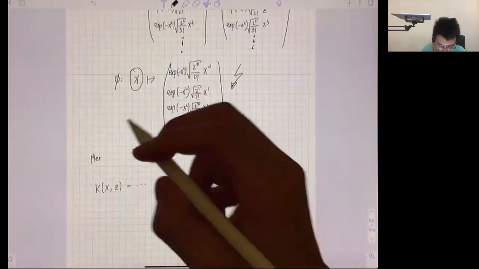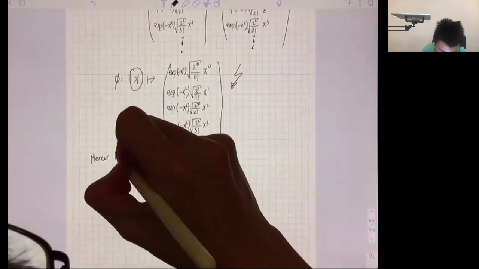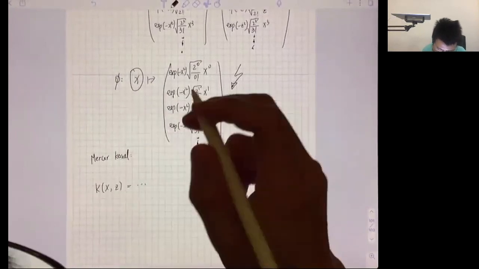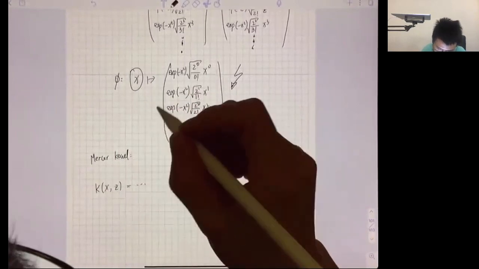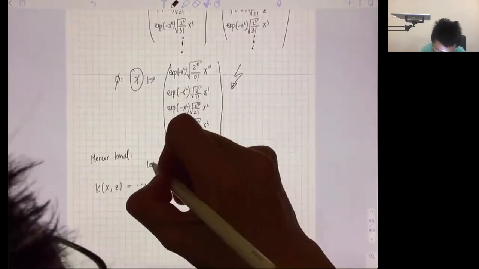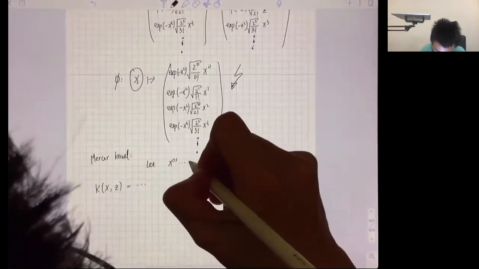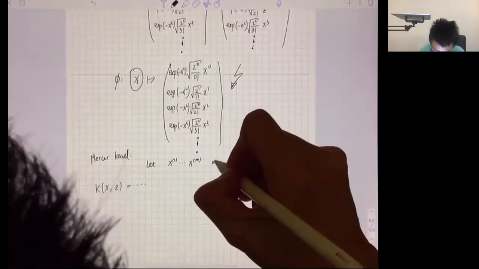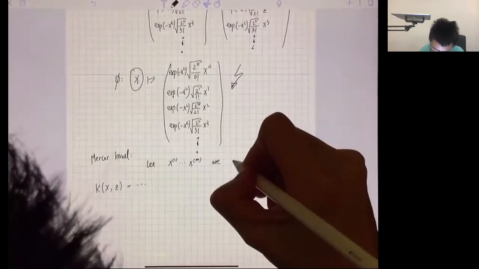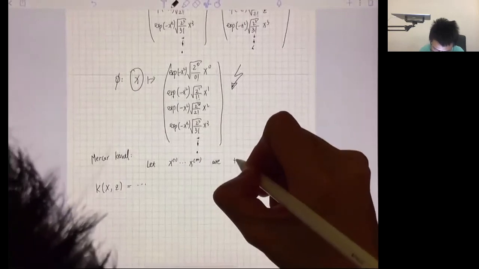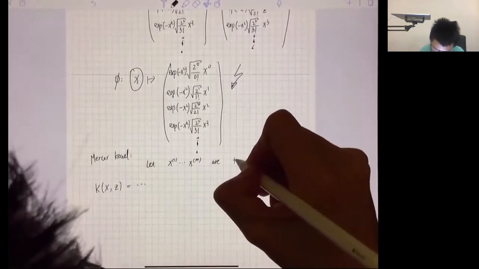So for the Mercer's kernel, let's say x1 up to xm are samples, training samples.